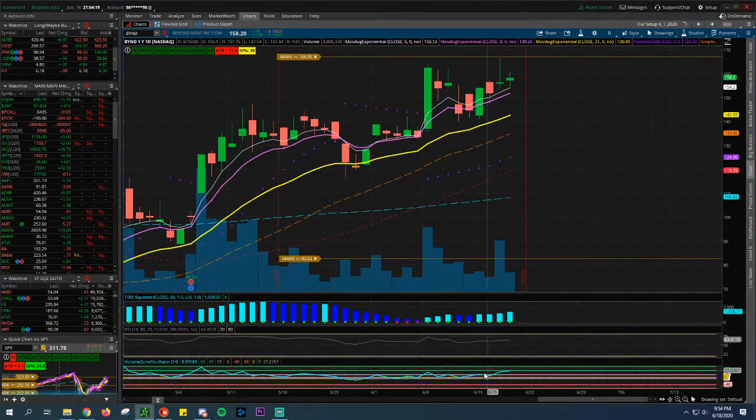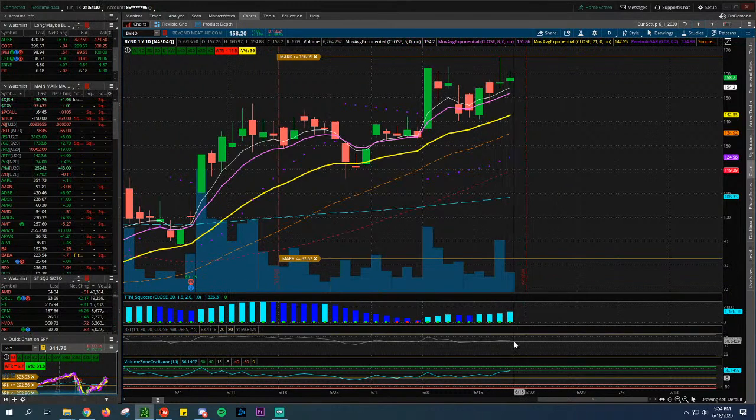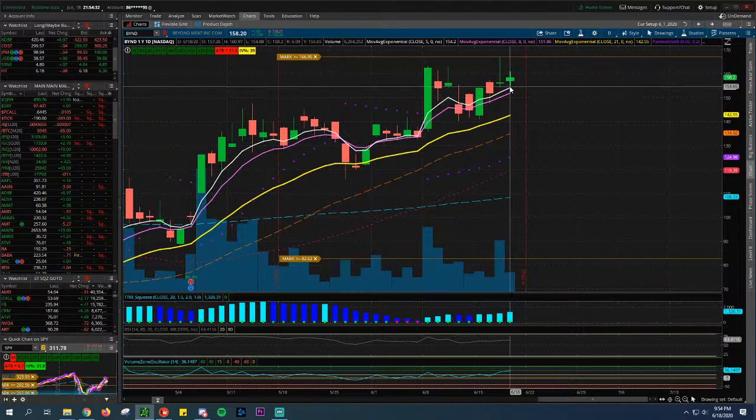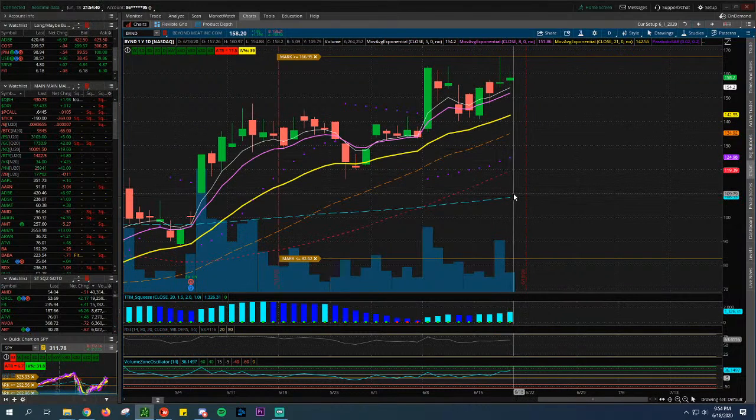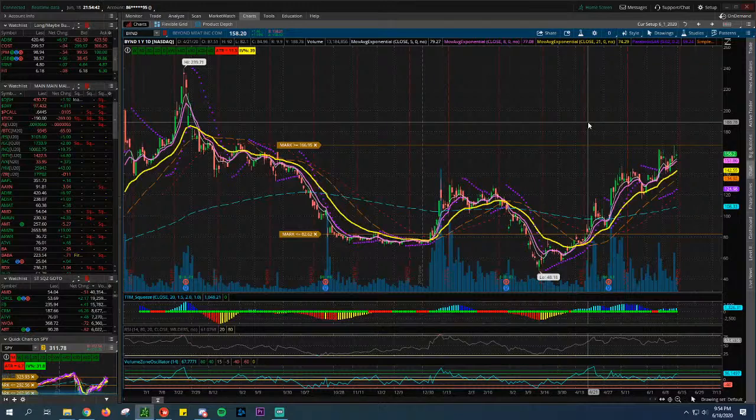We do see the volume zone down here getting very well positive, so really strong trend, really pushing higher. We just need to see the RSI start printing higher. But again, these moving averages are so nicely stacked on Beyond Meat. We got the 5, 8, 21, 34, 50, and 200. You really can't ask for much better than that. That's a beautiful looking chart.